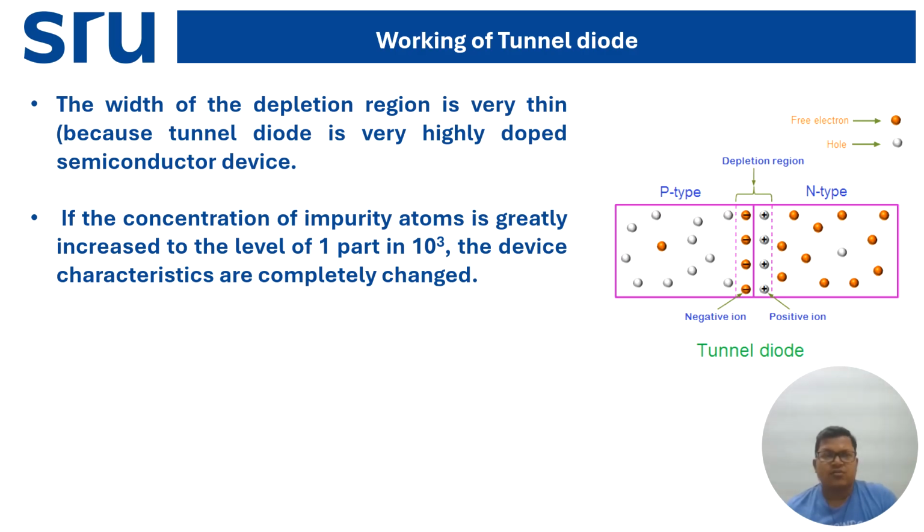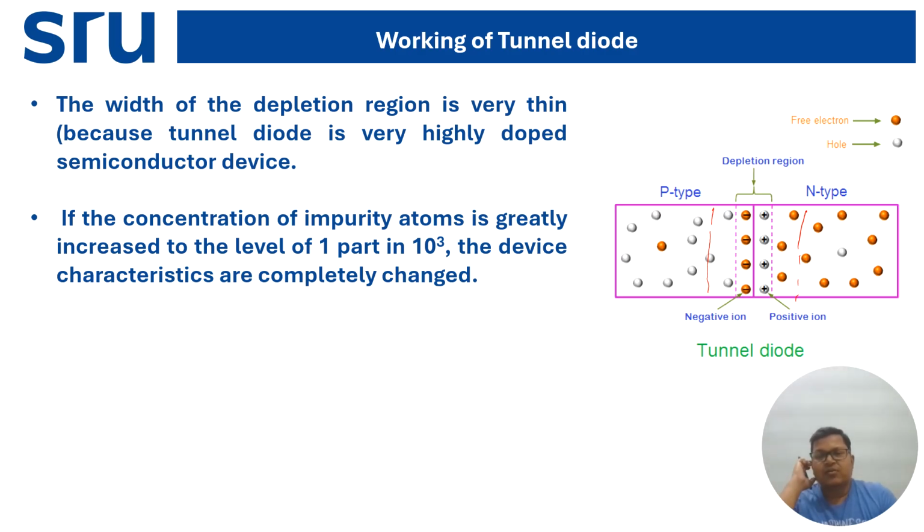Here is the solution then: initially the depletion region was like this, but if we start doping the materials from both sides, p type and n type, then the depletion region will start shrinking as the donor level or the acceptor level is increasing.